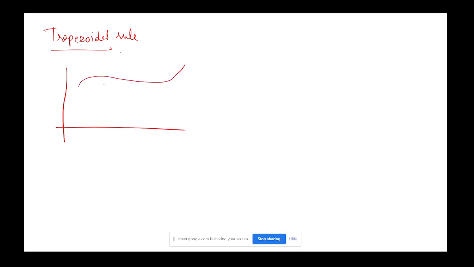Starting with the trapezoidal rule, suppose this is the curve and you need to find the integration. So what you do is divide into sections, and you assume that each is a trapezium or trapezoid.